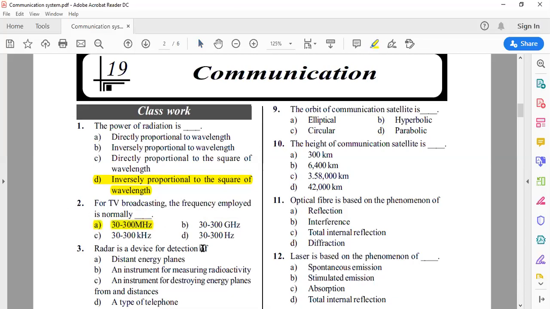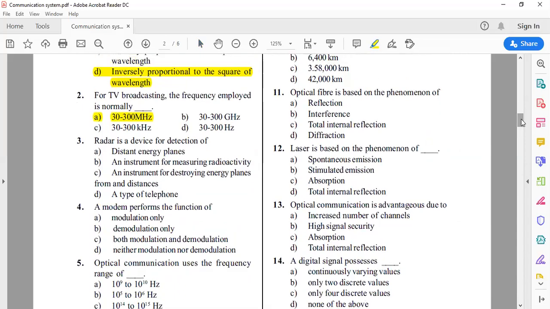Next one, question number 3. Radar is the device for the detection of, what is meant by radar? Radio detection and ranging equipment. So this radar is used to detect the location of the object.